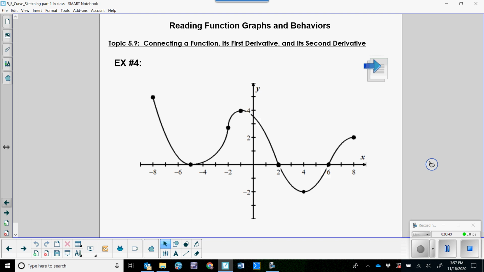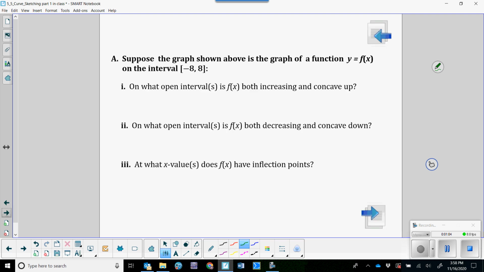Looking at this graph, it is increasing and concave up from -5 to -2, and then again from 4 to 6. There's where you have increasing and concave up. So it is -5 to -2 union 4 to 6. Those are our intervals if this is f of x.